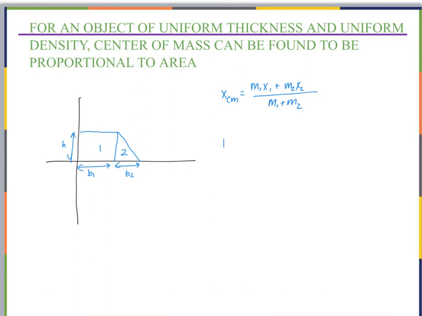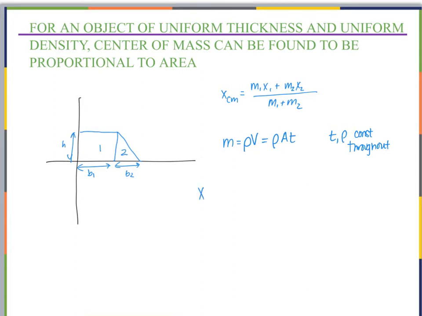We would be using the fact that the mass of either of those pieces would be equal to the density of the material times the volume that we have. And now in the situation where we have uniform thickness, we could write the volume as the cross-sectional area times the thickness. And we're assuming that T and rho are constant throughout the object.